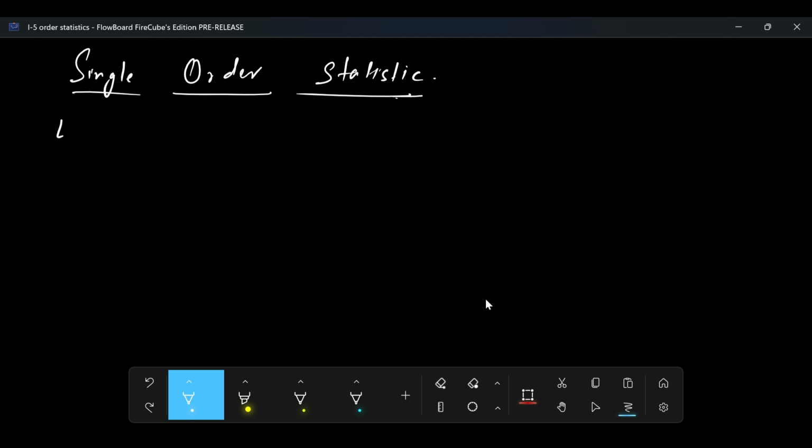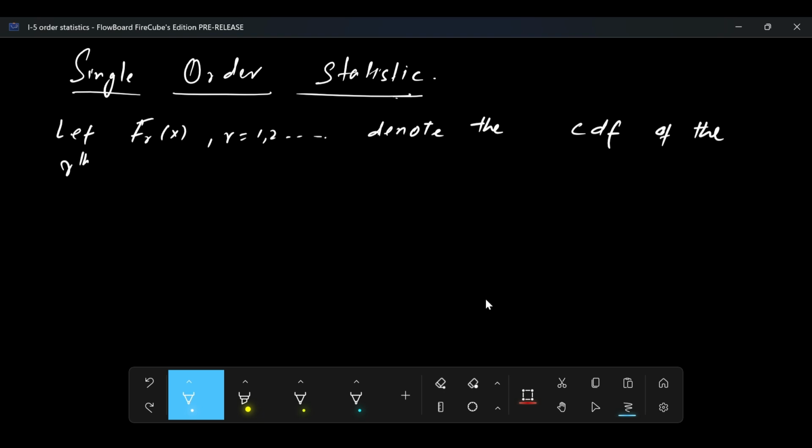Now let Fr(x), where r is equal to 1, 2 and so on, denote the CDF of the rth order statistic, that's xr.